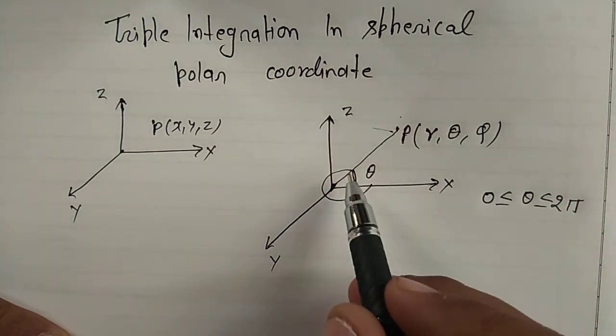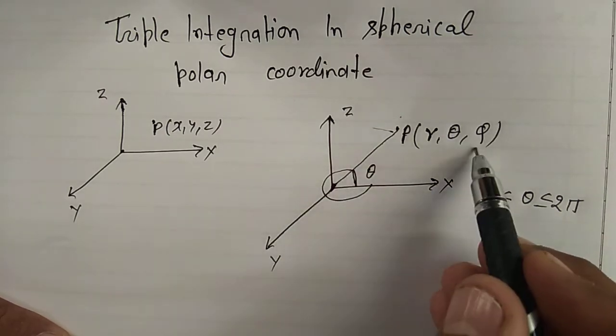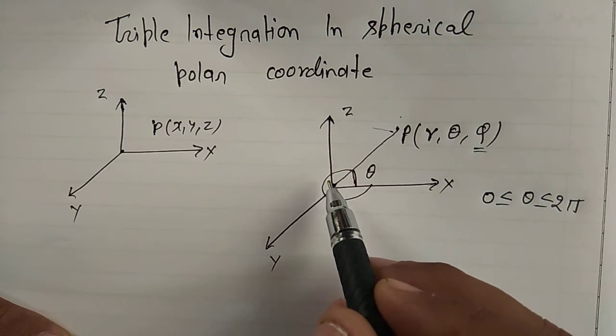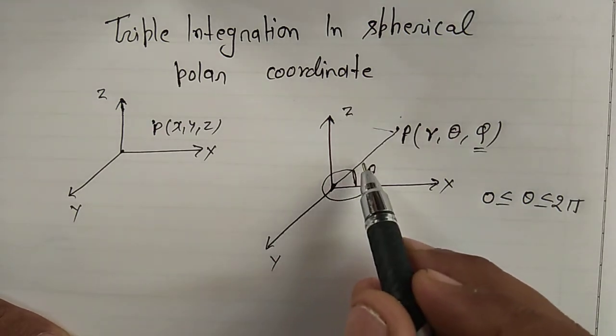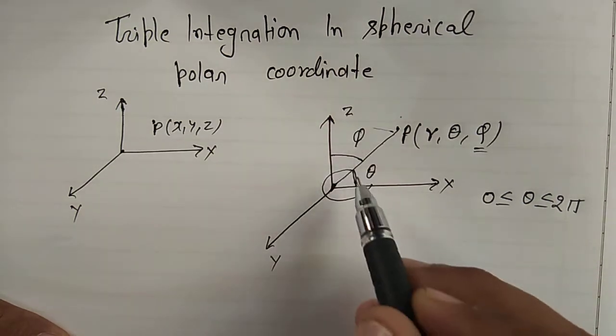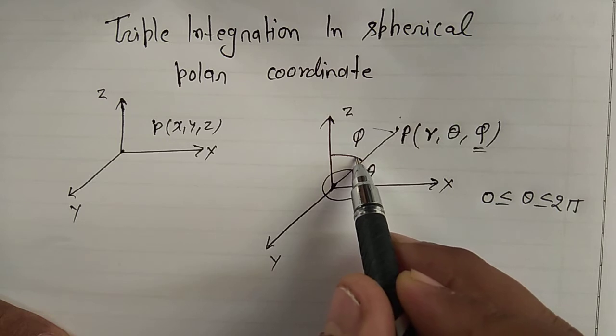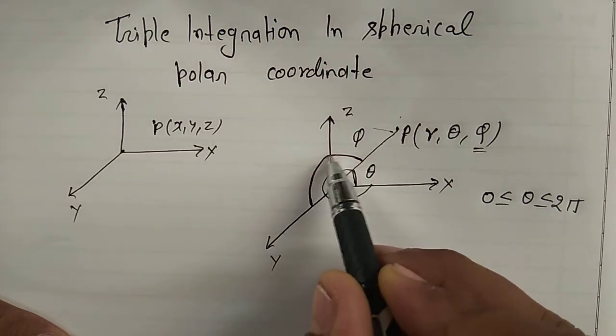Now phi is the angle between the positive z-axis and the point. So this is your phi. If you see, your phi can vary 0 to pi here.